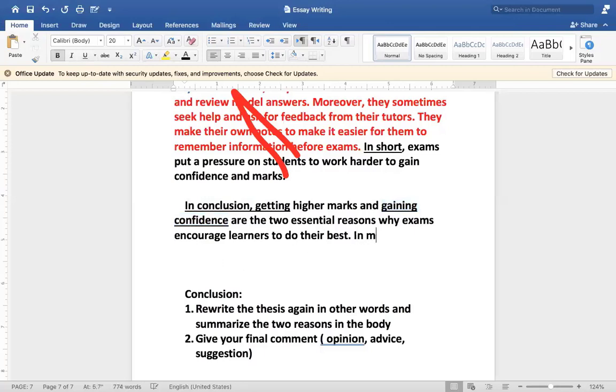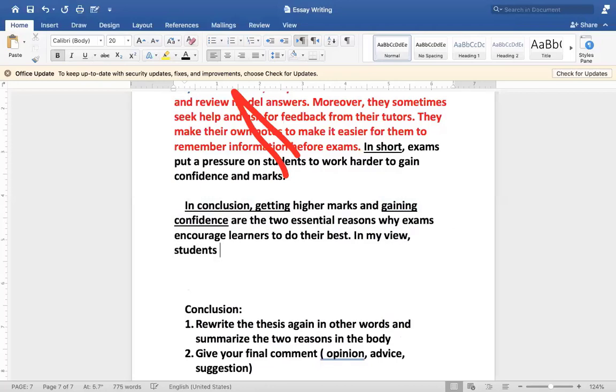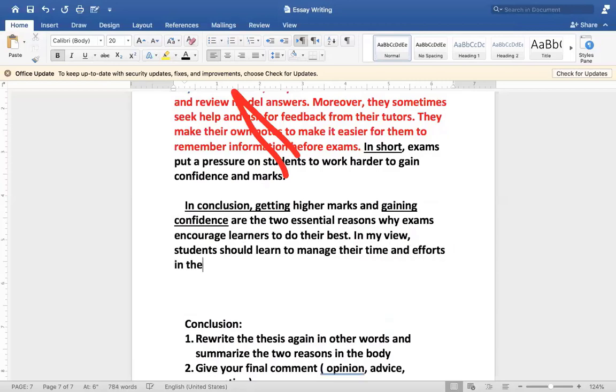In my view, students should learn to manage their time and efforts in the exams time to reach their goals.